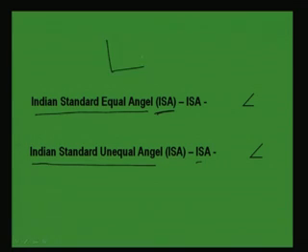Angle section is denoted by Indian Standard Equal Angle, ISA, right, and in case of Indian Standard Unequal Angle also it is given ISA. But let me draw first, suppose this is an angle of equal section, say this length is suppose 20 mm, then the name will be like this, ISA 2020, right.